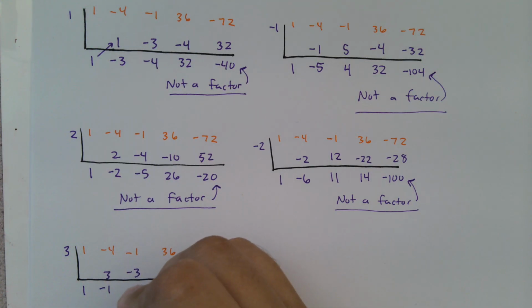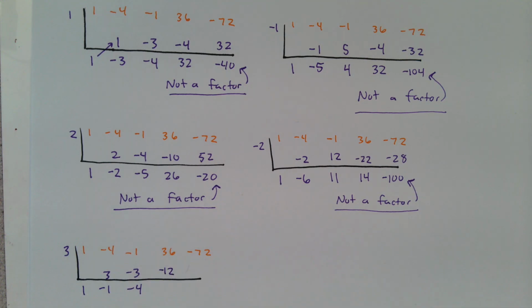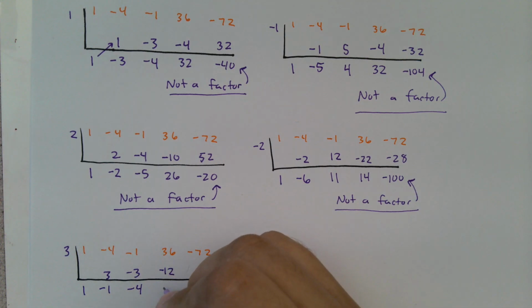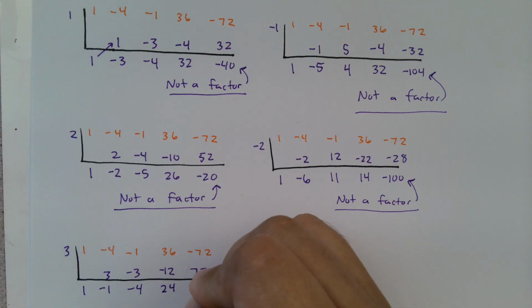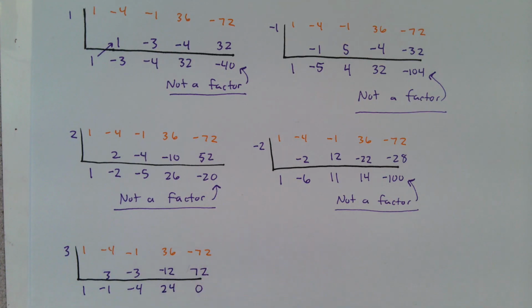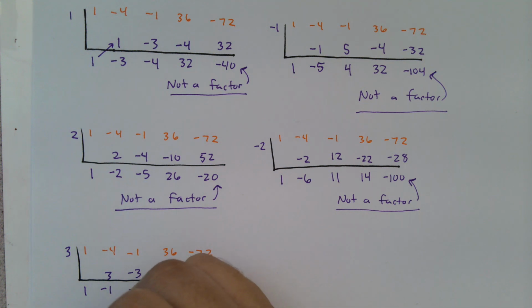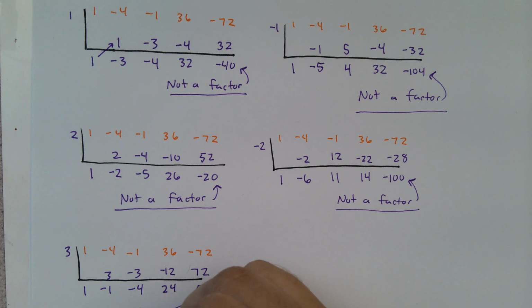Negative 1 minus 3 is negative 4. Negative 4 times 3 is negative 12. 36 minus 12 is 24. 24 times 3 is 72. We have found our first factor. Yay, factor, because the remainder is 0.